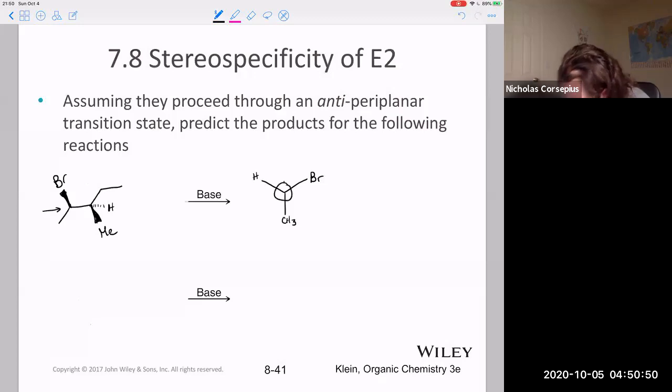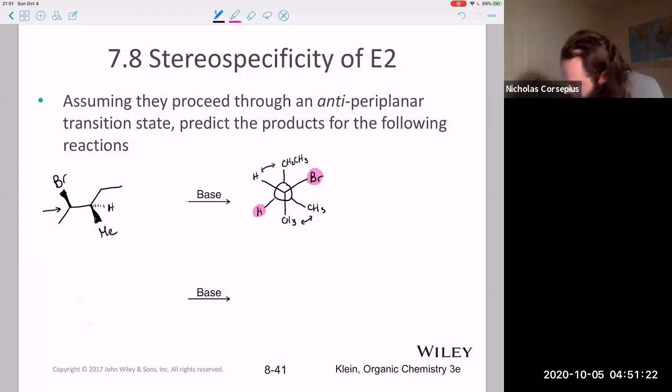And then if I'm looking at the back carbon up, I have my ethyl group. Down here is a methyl group. Over here, on my back carbon, is my hydrogen. So again, I indeed have my bromine and my hydrogen coplanar. Awesome. So that means that these methyl groups will find themselves on the same side, and this ethyl and hydrogen will find themselves on the same side.